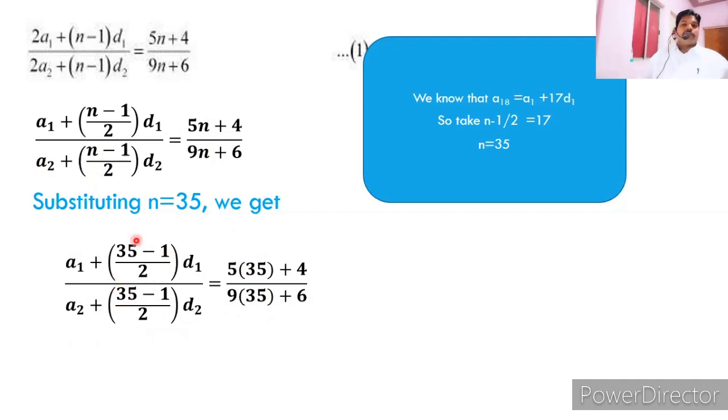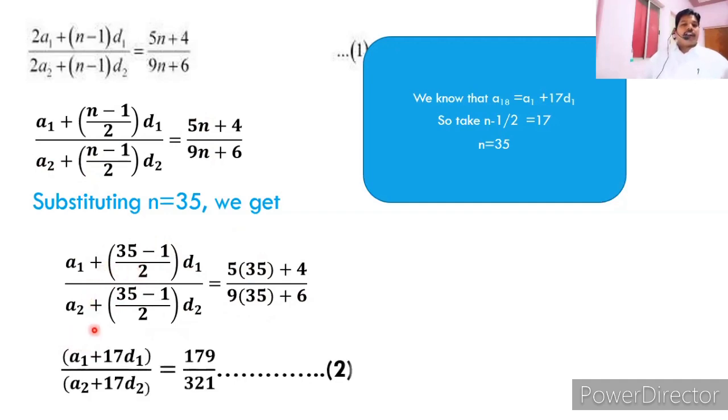So this value will become 17: 35 minus 1 is 34, by 2, that is 17. Then it will become a1 plus 17 into d1 by a2 plus 17 into d2. Simplify this value here, it will become 179 by 321.